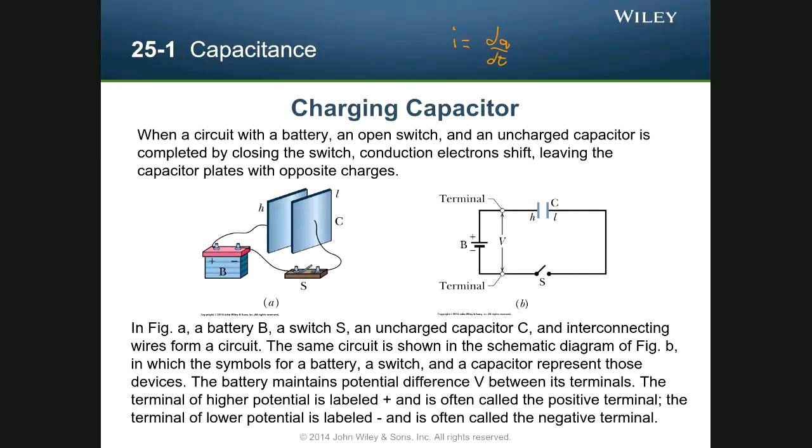Current flows from one end to the other. Now this is confusing because the direction of the current will actually be opposite the direction that electrons flow, which is probably why they don't introduce it here.